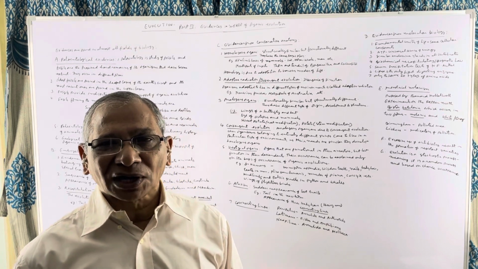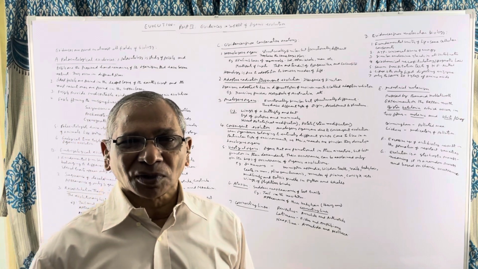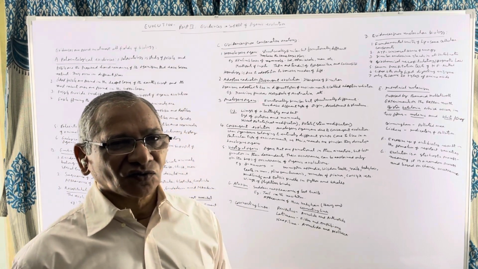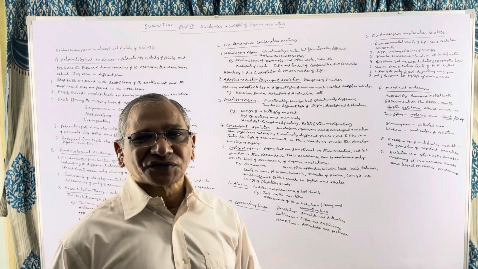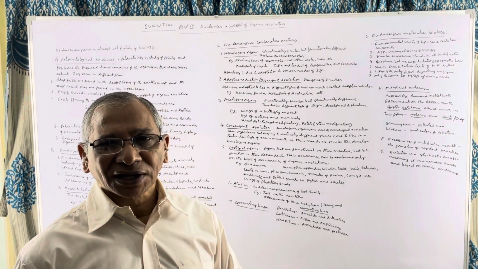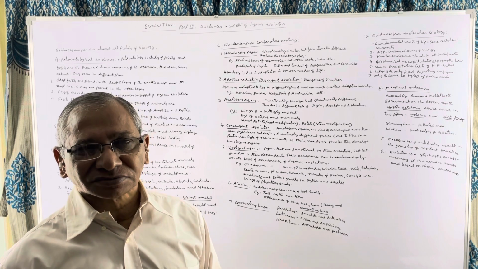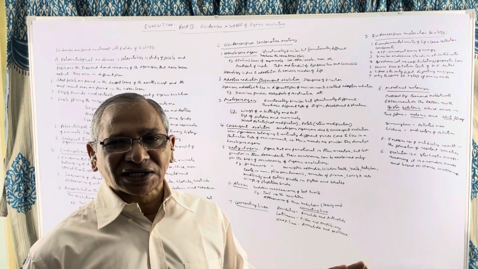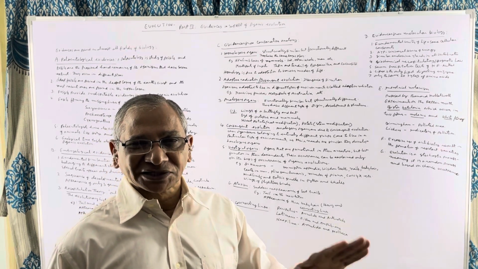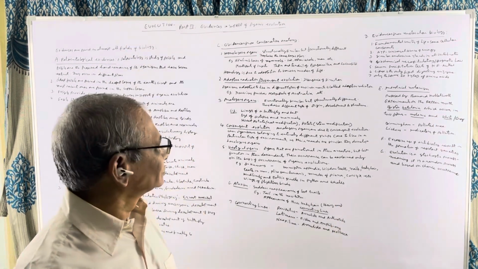So, suitable modifications occurred in the forelimb of the horses. Like that, whenever the habitat changes, suitable modifications occur in the body organization of animals. But this modification is only superficial. Internally, the structures are the same. The basic plan is the same.